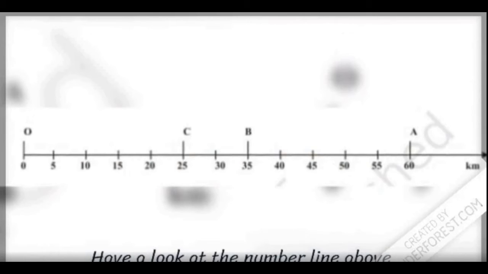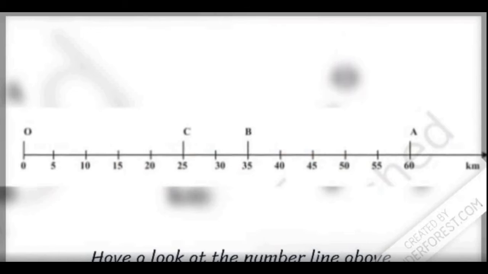Thus, the magnitude of displacement, that is 35 kilometers, is not equal to the path length, which is nothing but 85 kilometers. Further, we will notice that the magnitude of the displacement for a course of motion may be 0, but the corresponding distance covered is not 0. If we consider the object to travel back to O, the final position coincides with the initial position, and therefore the displacement is 0.